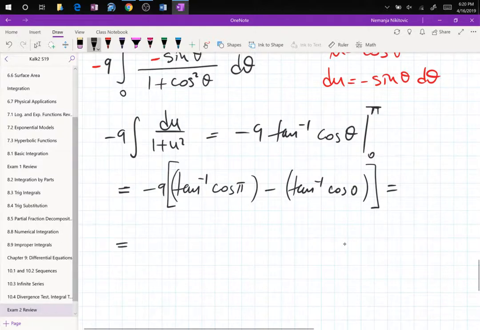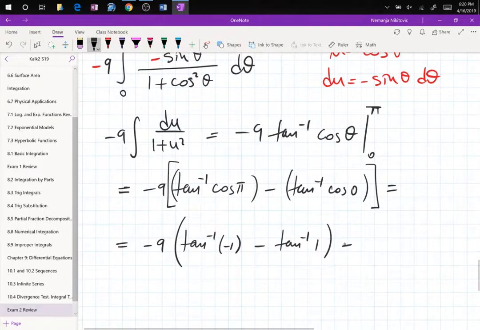Yeah, we could have. Fine. So negative 9. Cosine of pi is negative 1. So tangent inverse of negative 1 minus tangent inverse cosine of 0.